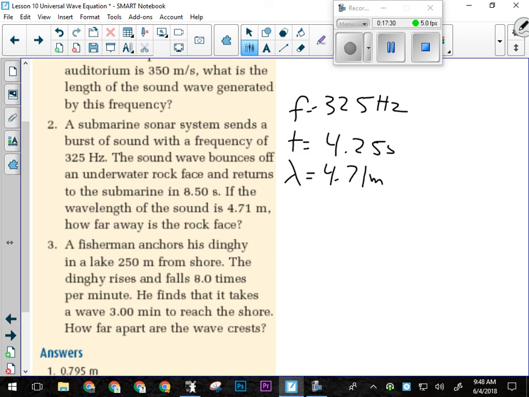How far away is the rock face? All right, so I've got lambda and F. If I want to find D, I need V and T. So I can use F and lambda to get V. So V equals F times lambda. So 325 times 4.71.